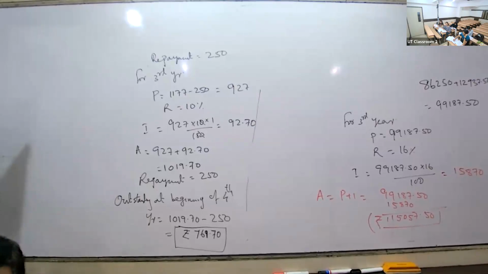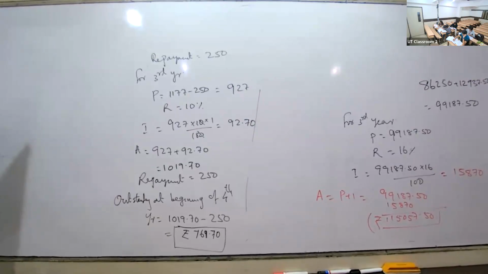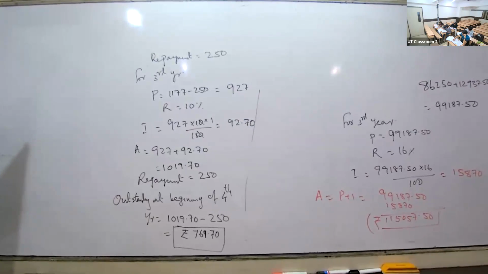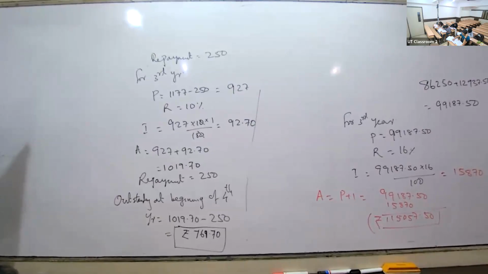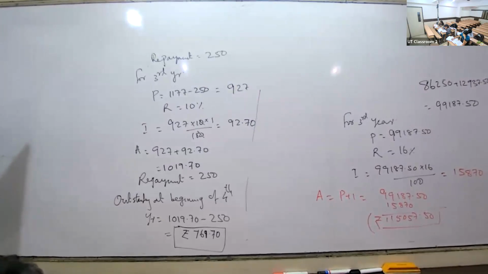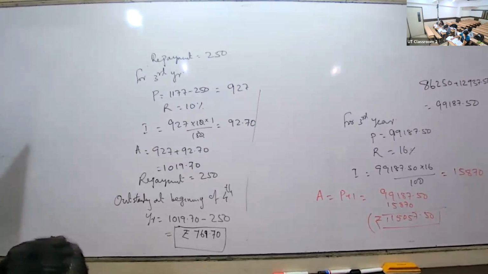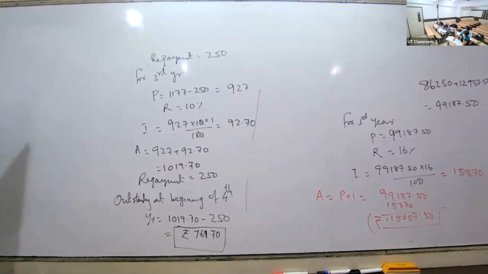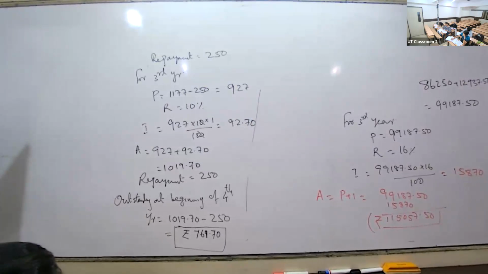So write for the simple interest, P is equal to 18,000. R is equal to 10%. T is equal to 1. Therefore, SI is equal to PRT upon 100, which is 1,800 rupees.